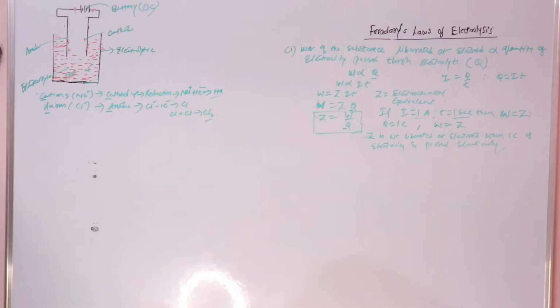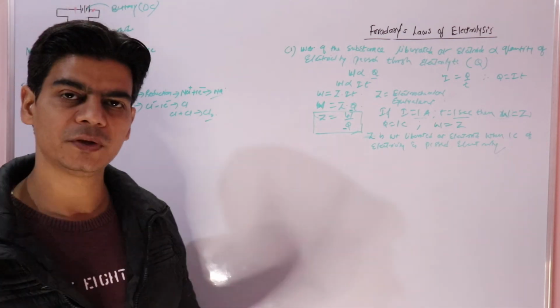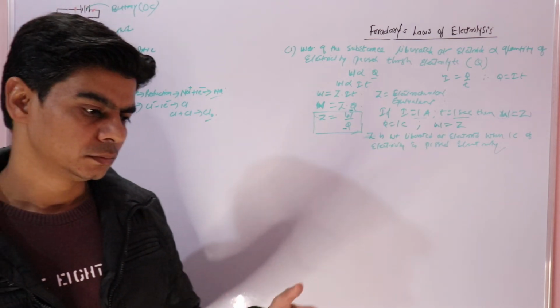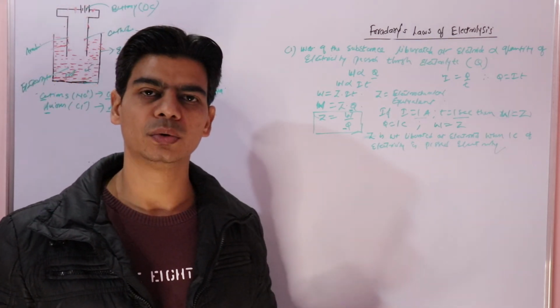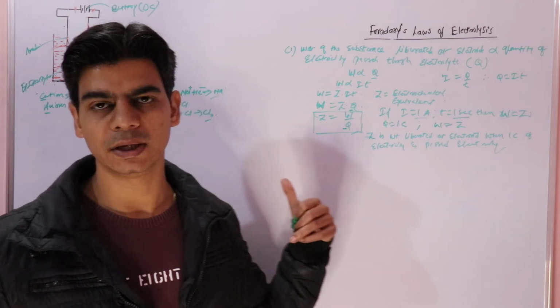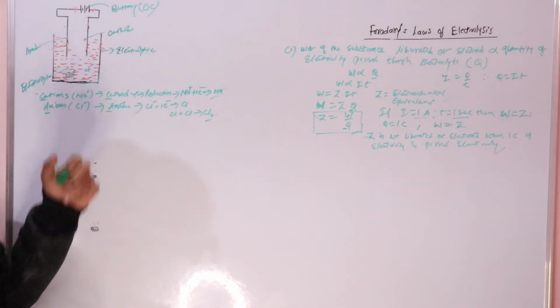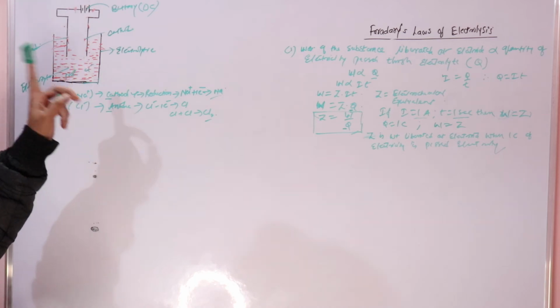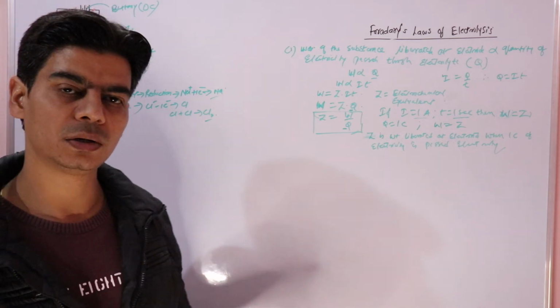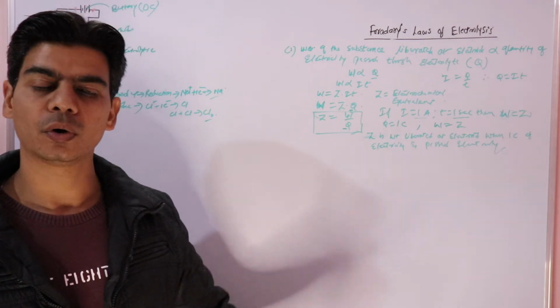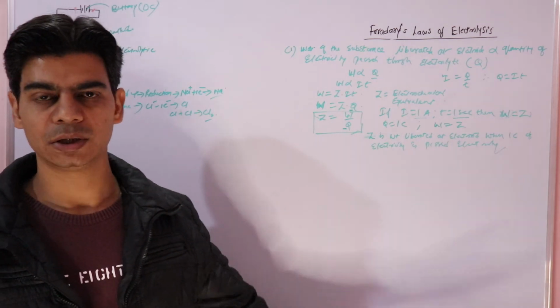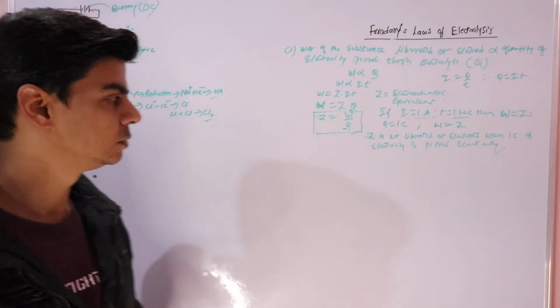Now, based on experiments, we found that when 96,500 coulombs of electricity is passed through the electrolyte, the weight of the substance that we obtain at the electrodes is equal to its gram equivalent weight.